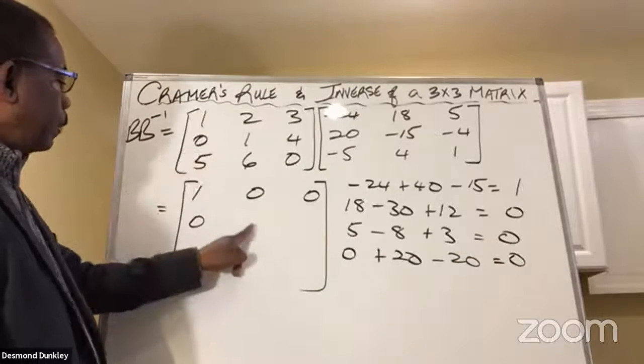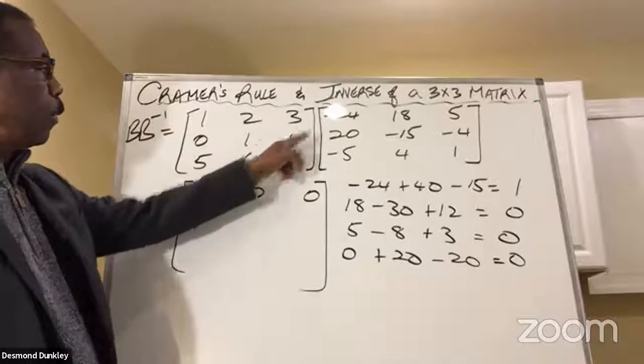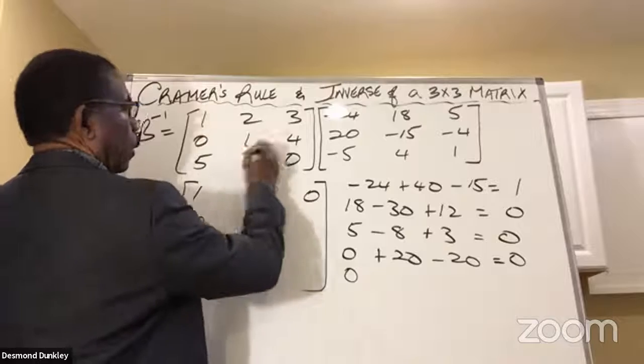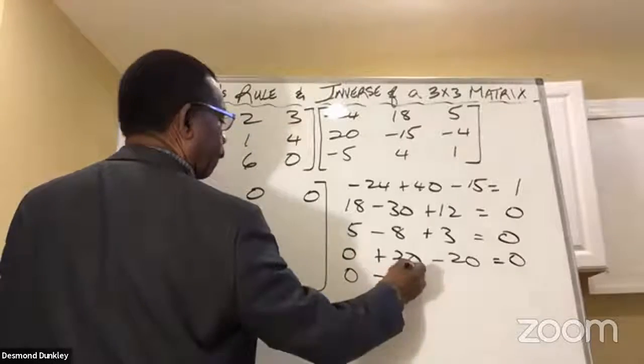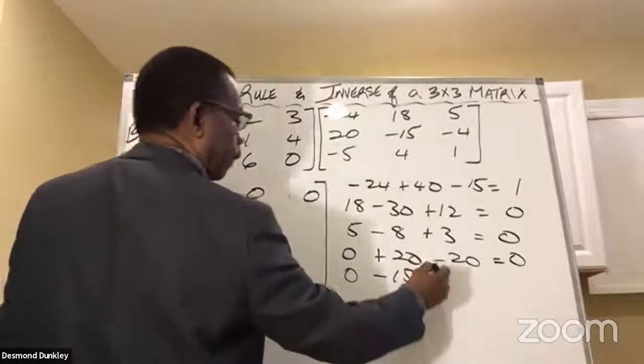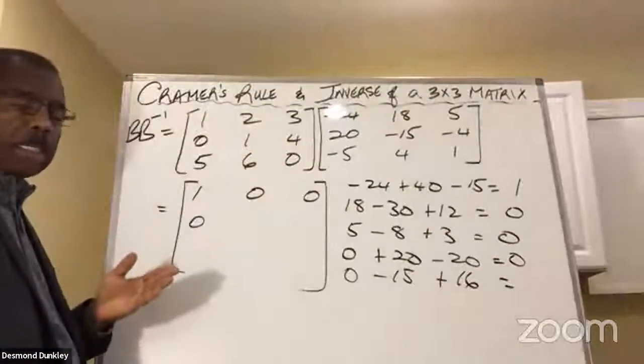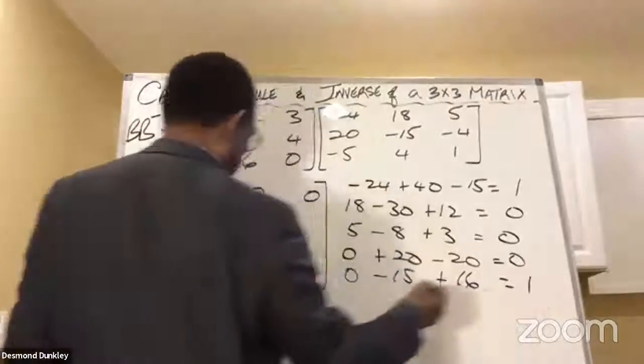So it's going to be the 2, 2 entry, second row, second column. 0 times 18, 0. 1 times negative 15, negative 15. 4 times 4, 16. Negative 15 plus 16 is 1.